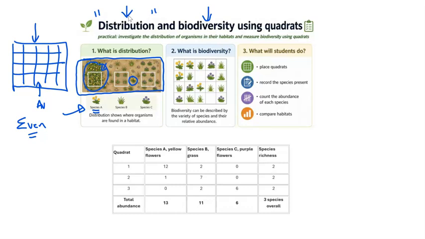If we have many of an individual in a particular grouping, we call that a cluster. So the species is clustered. So when we do a study of a population and we are attempting to calculate biodiversity, we can take a few moments to discuss the distribution of the species within our sample area.